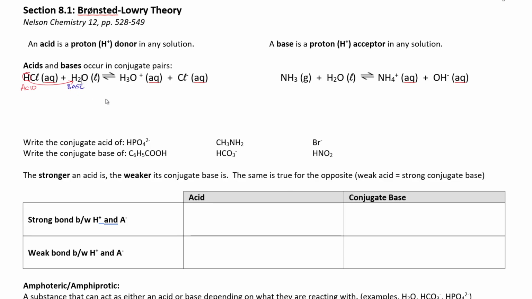That might not make a lot of sense to you because you might be thinking, well, water is neutral. Well, again, anything by this definition that accepts a proton is considered to be a base.